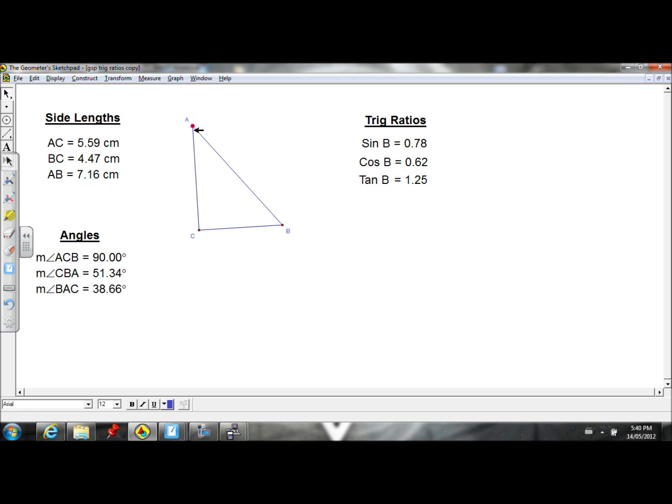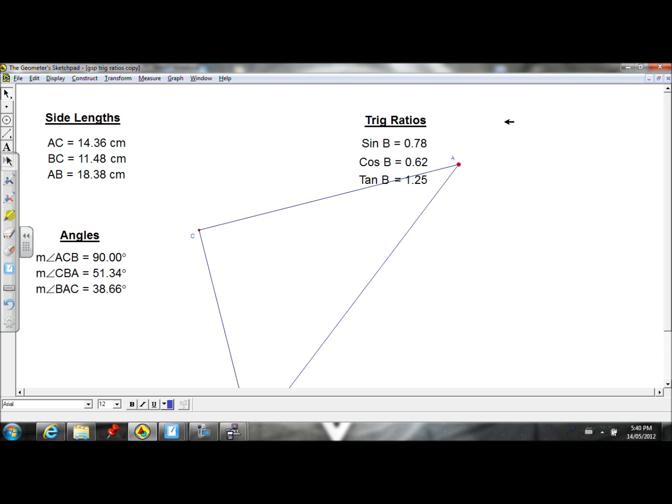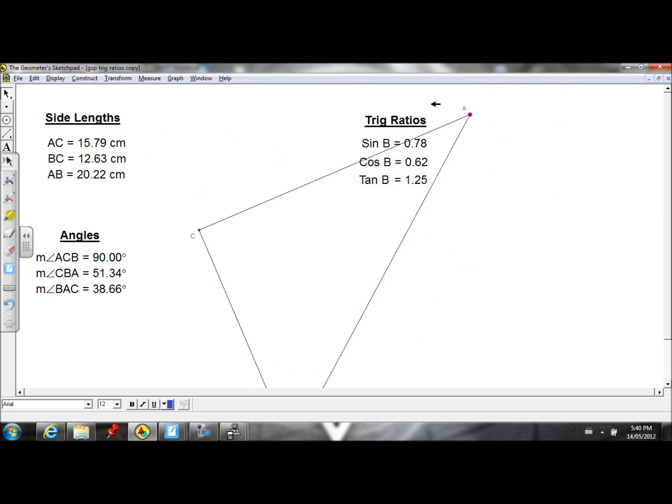Because for all similar triangles, the trig ratios are the exact same. So if the reference angle stays at 51.34, angle B isn't changing, the sine, cosine, tan ratios are the same for all of these triangles that I'm making right here.